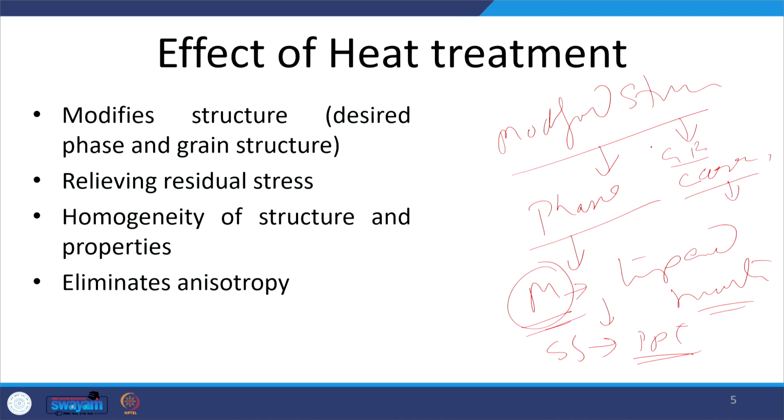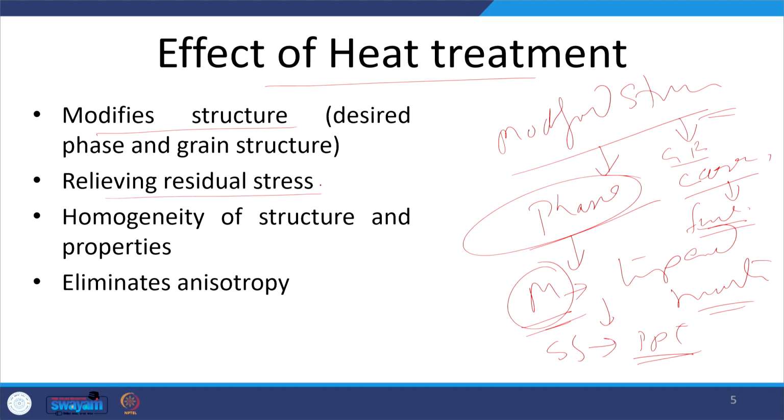So, if we impart the desired thermal cycle, that can help in refining the grain structure and improving the properties. So, we can design the heat treatment suitably so that the phase structure as well as the grain structure is modified in order to realize the properties as per the need. So, what heat treatment does is it modifies the structure.